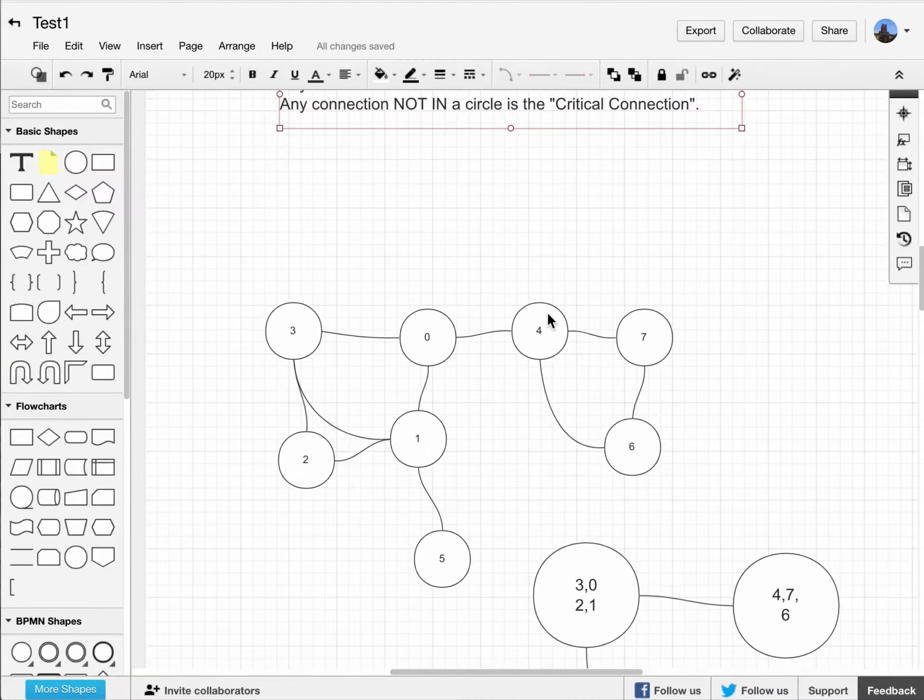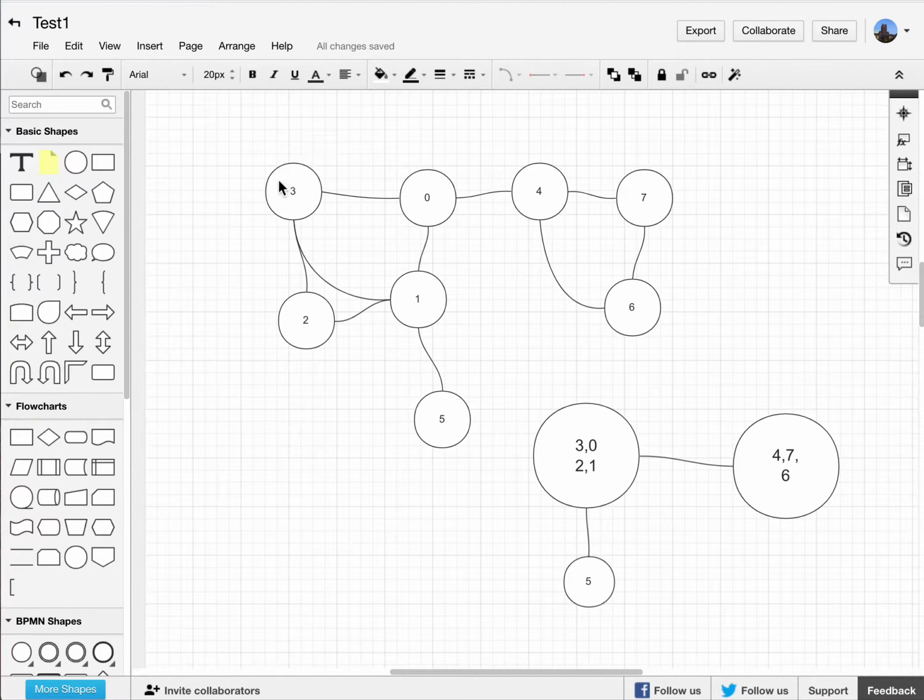Just like this one. Our eyes translate this graph into this one, the 3, 0, 2, 1 as one node, and 4, 7, 6, these 3 nodes as this one, and the connection is gone. So the left connections are this one and this one. These two connections are the final result that we want. That's the process of how our eyes tell the critical connections.